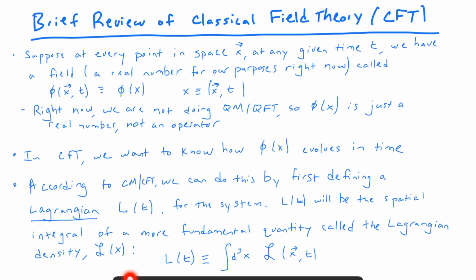Well, at any given time t in our whole system, even though now we have multiple degrees of freedom at every point in space, we still have this L of t, like we did for single particle physics, but that's just defined as the integral over space of the Lagrangian density, all at the same time. So we have a Lagrangian density at every point, we integrate over all space, and we get an L of t.